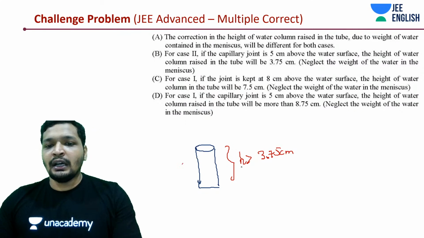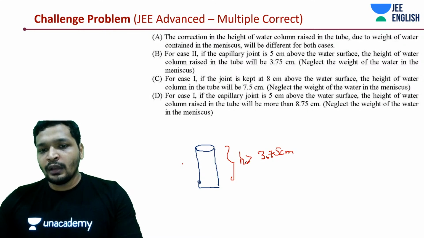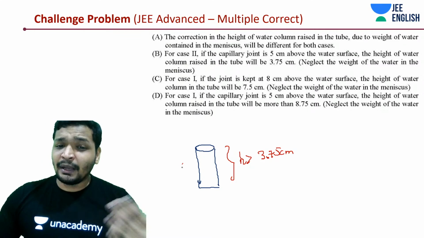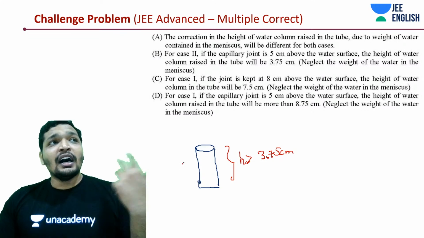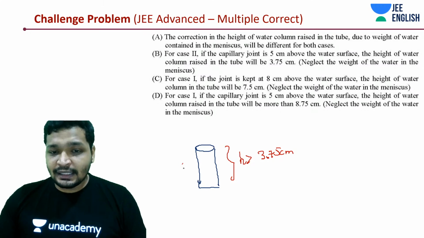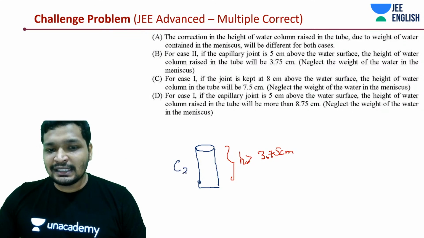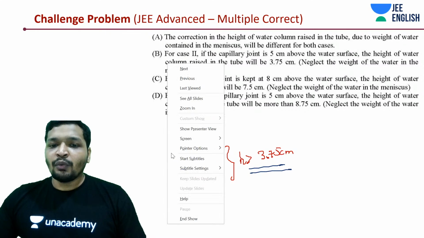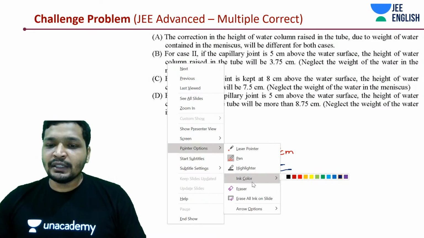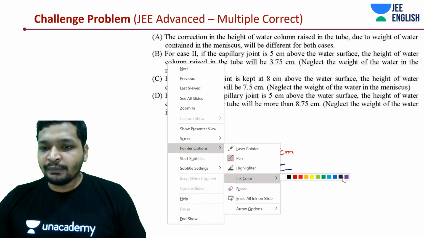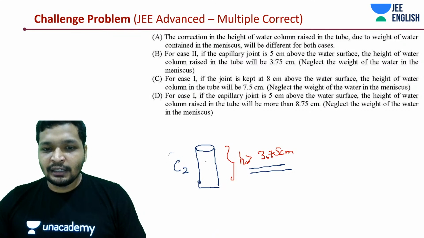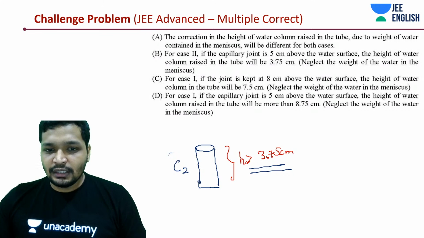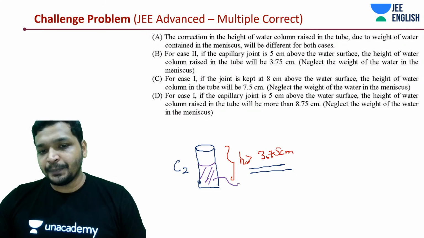So that means the height at which the second capillary exists, let's call this C2, is greater than 3.75 centimeters. So what would happen inside that capillary? You would observe water with a height of 3.75 only.